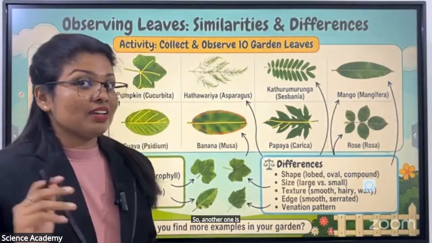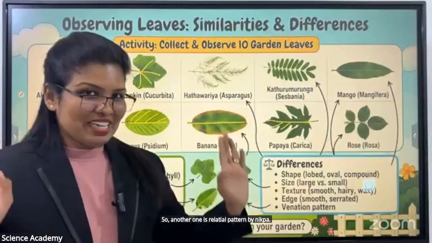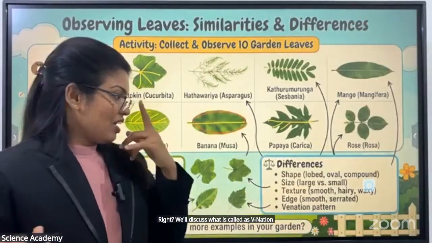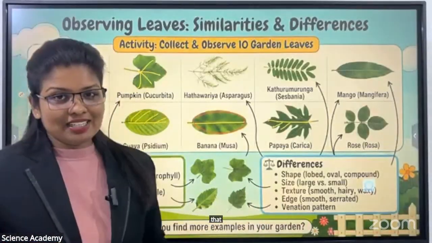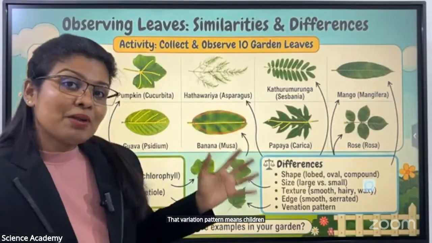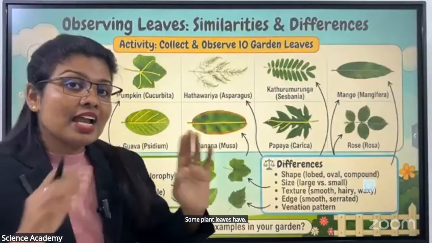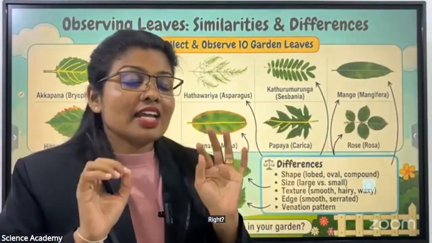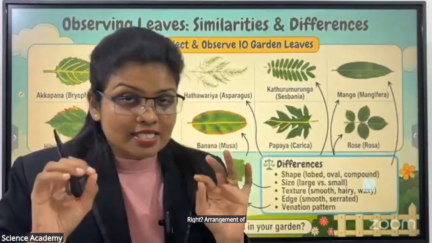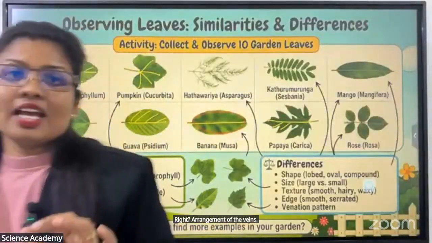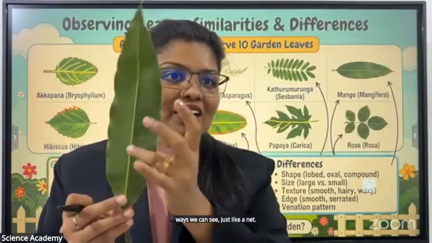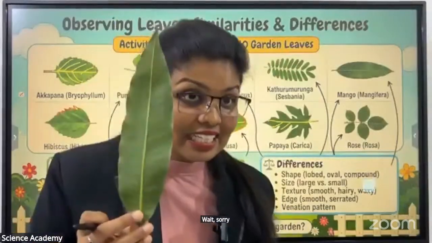The other one is venation pattern. Bayavednipa. We'll discuss what venation is. Venation pattern means, children, some plant leaves have a net-like structure. It is the arrangement of the veins. In some plant leaves, the veins look just like a net.